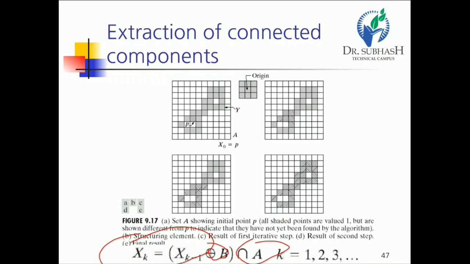So we have to utilize a different image. This is A showing the initial point P, and all the shadows can be represented with that P. This is the structuring element, and E is the final result of the extraction function.